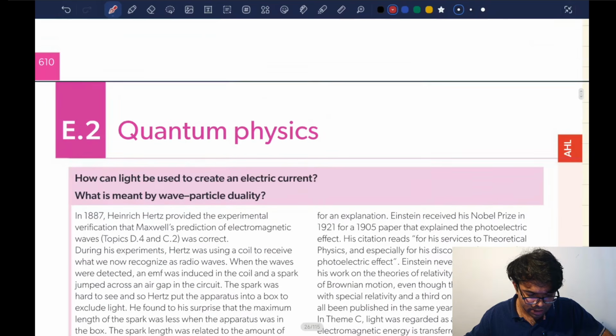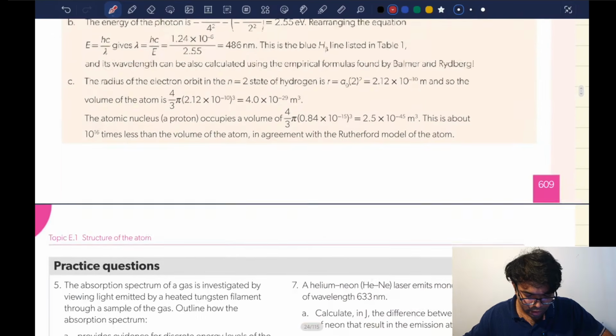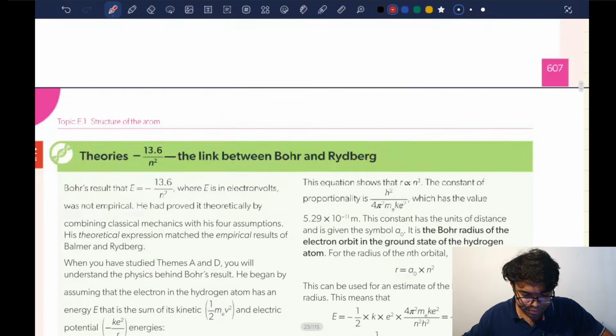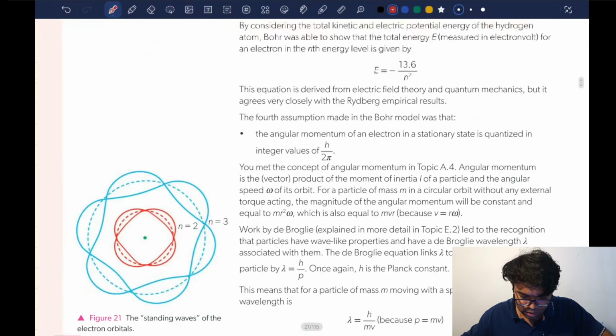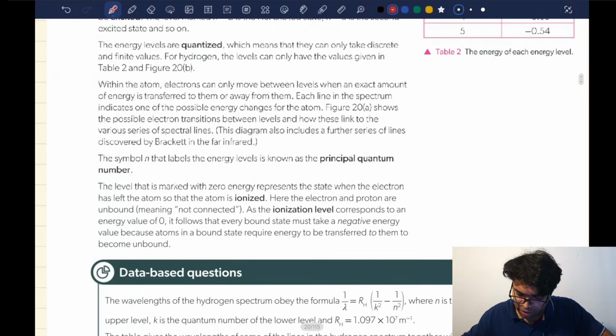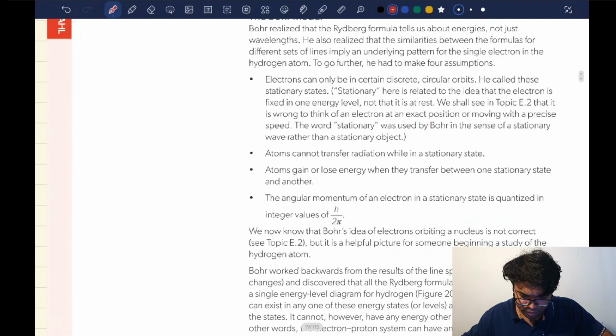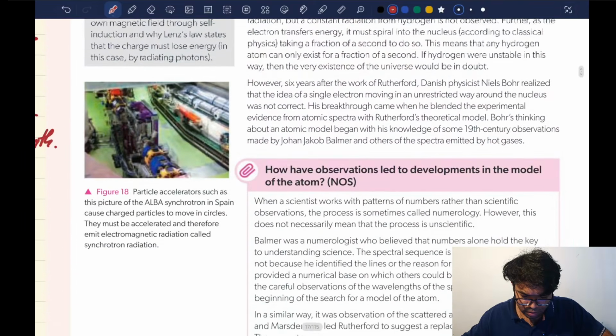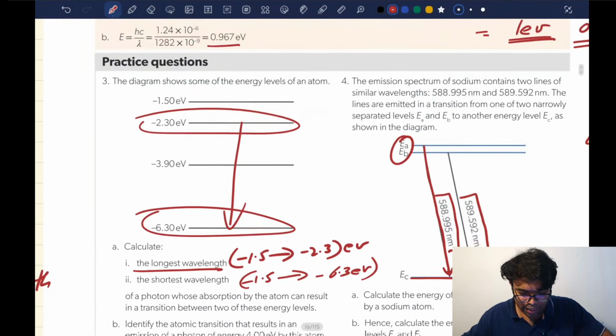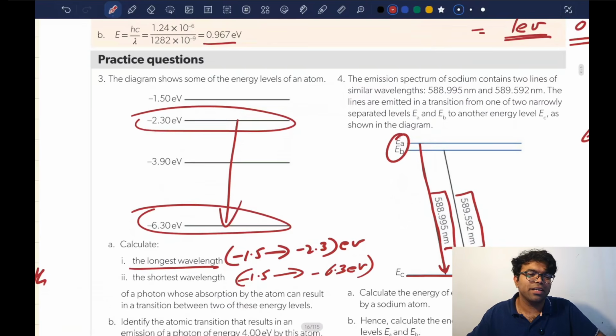Quantum physics is entirely AHL. I think this chapter is over. Anyway, if we are free, I can actually teach you this if you want.